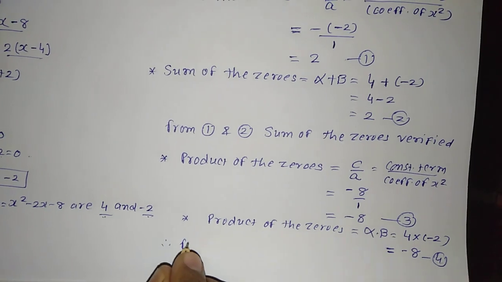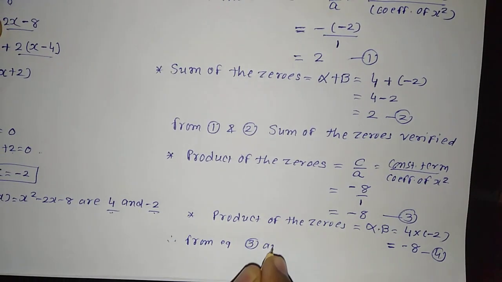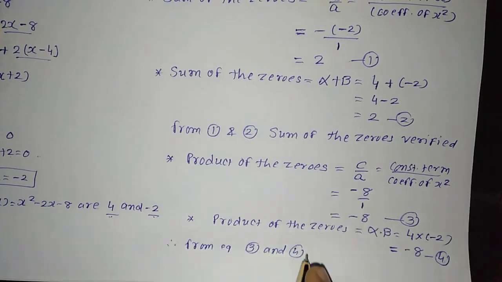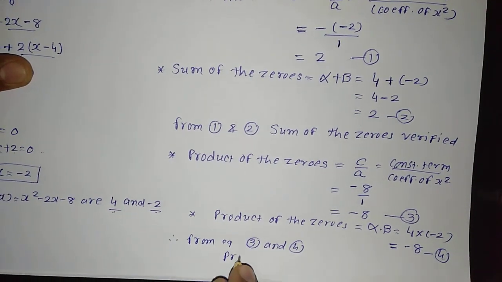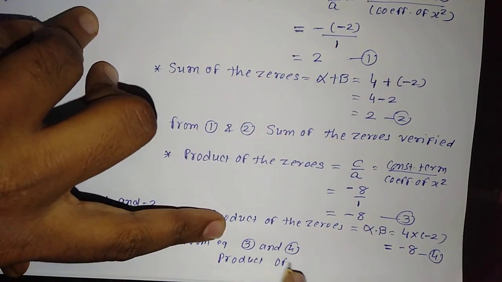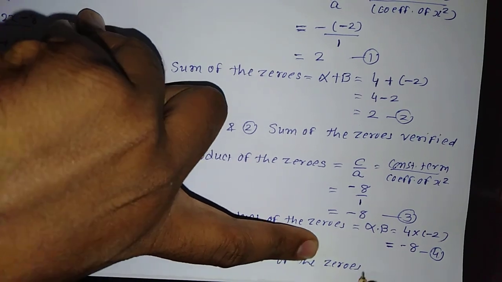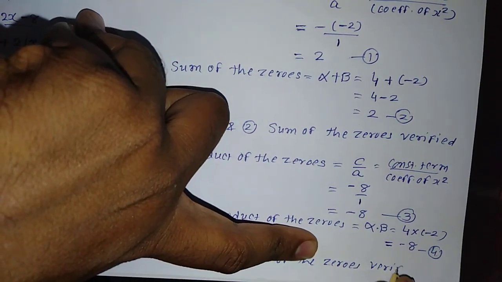So we can say from equation 3 and 4, product of the zeros verified.